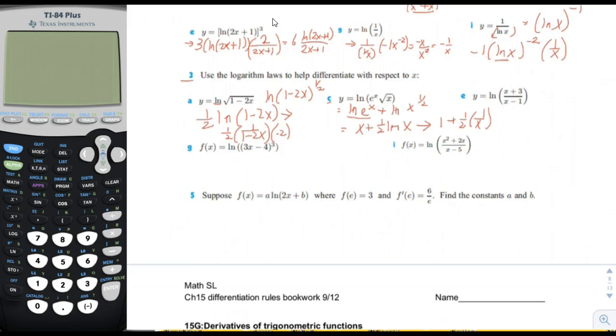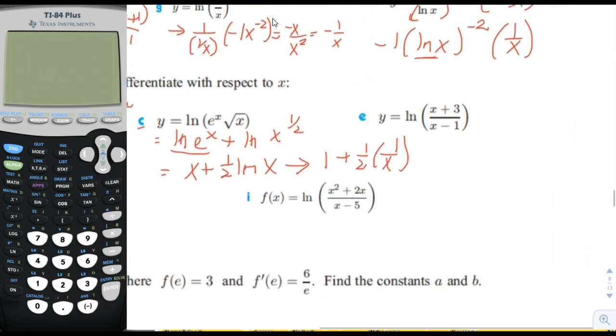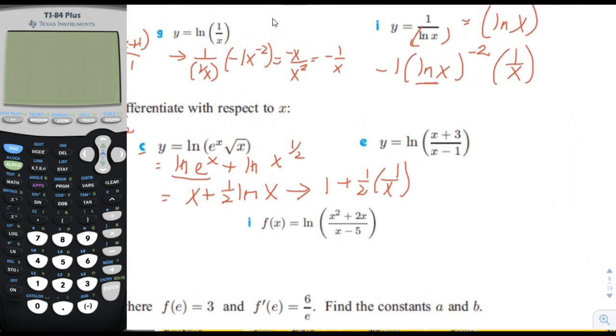Okay? Alright, E. I didn't leave very much space for me to do this. First we're going to simplify. This simplifies to, and I'll write an equal sign because actually it's an equals, natural log of x plus 3 minus the natural log of x minus 1. And then I'm going to take the derivative of it.